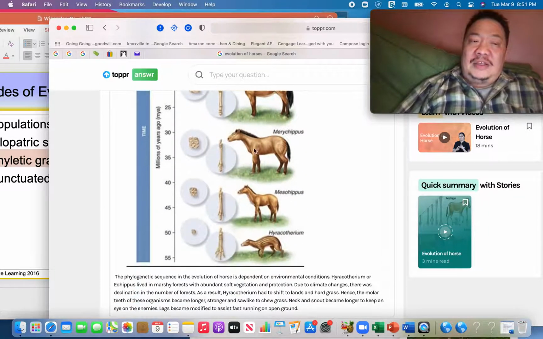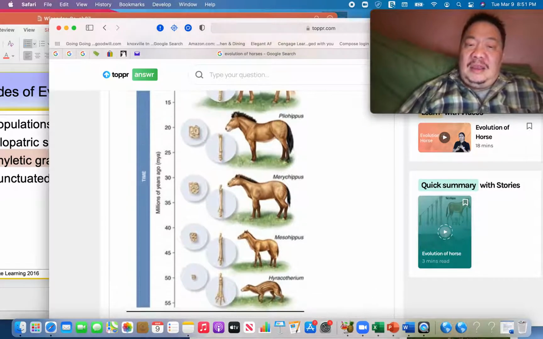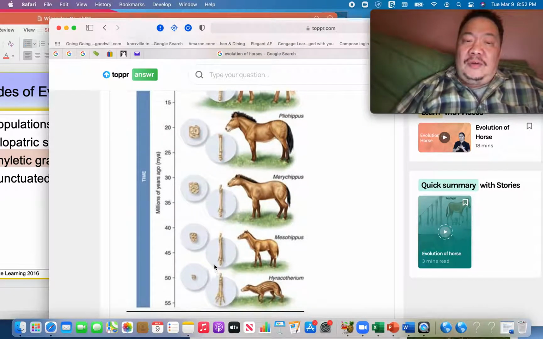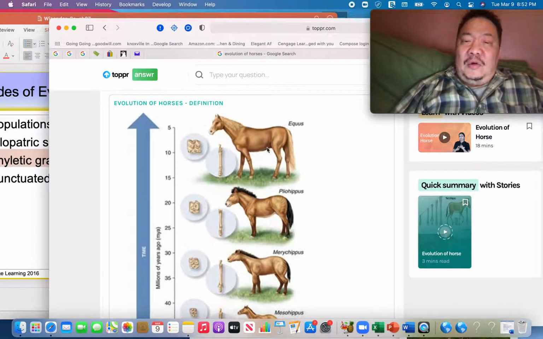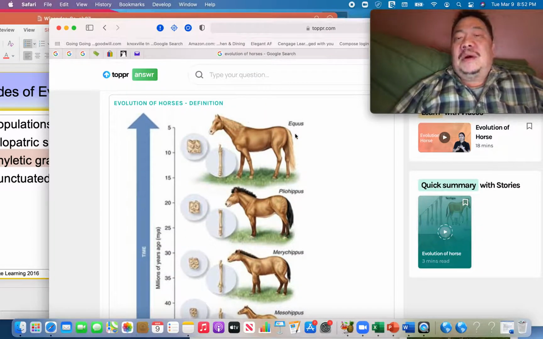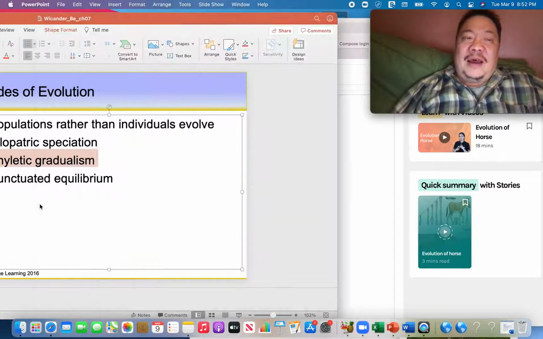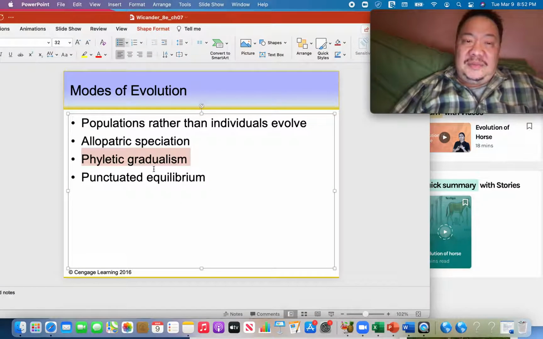But phyletic gradualism basically means that species evolve slowly over long periods of time, and they change a little bit each time, in each generation being slightly different, until finally the species becomes much different. That's what phyletic gradualism means.